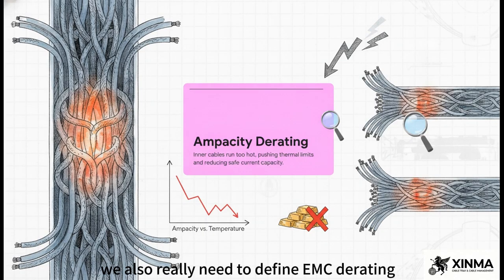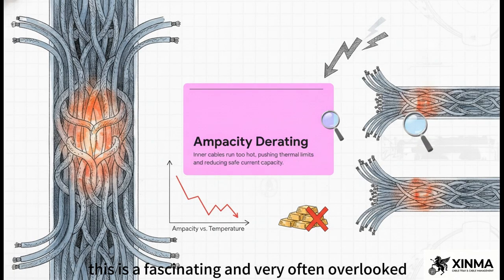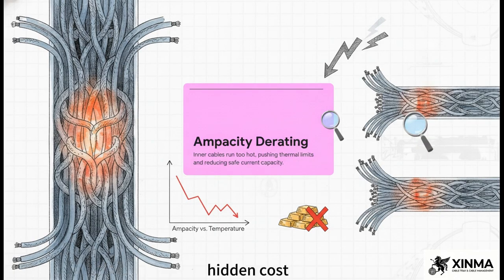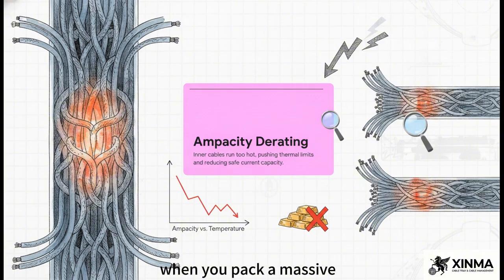We also really need to define ampacity derating, because inner cables running too hot means you are effectively wasting the expensive copper cables you just bought. This is a fascinating and very often overlooked hidden cost. Wider trays can actually run much hotter, not cooler. When you pack a massive 600mm tray completely full of cables, those inner cables get trapped.